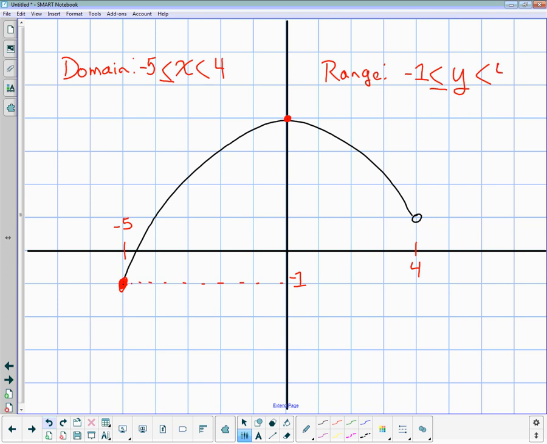Bar or no bar? Is that point not on the graph? Is it removed from the graph? It's there, isn't it? It's a real point that's really on the graph, isn't it? So yes, it has a bar. Unless it has a circle, it's got a bar.